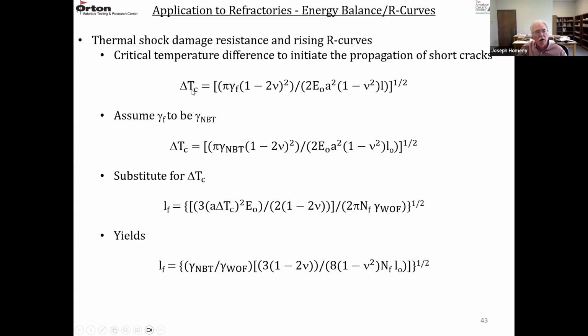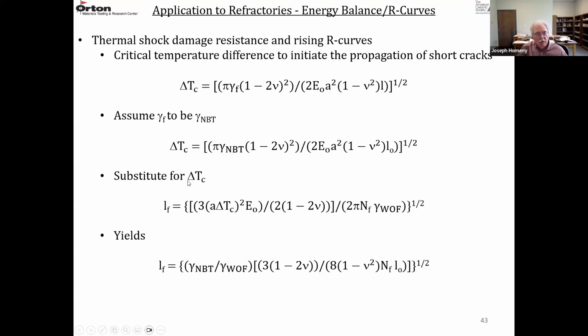If we go back to our delta TC equation to initiate propagation of short cracks, this gamma F, we substitute gamma NBT for crack initiation, and we have this equation, and now L becomes L0.